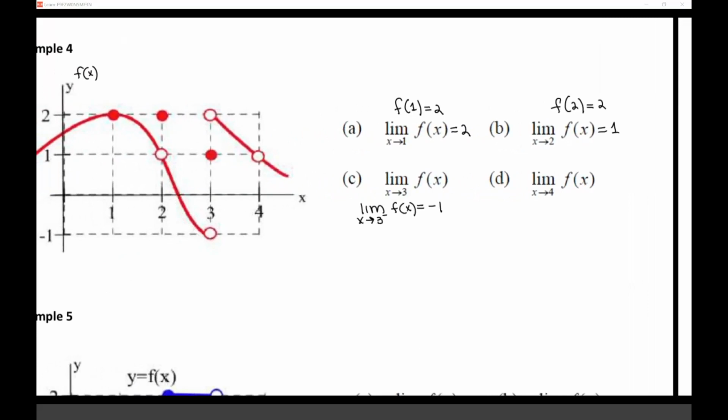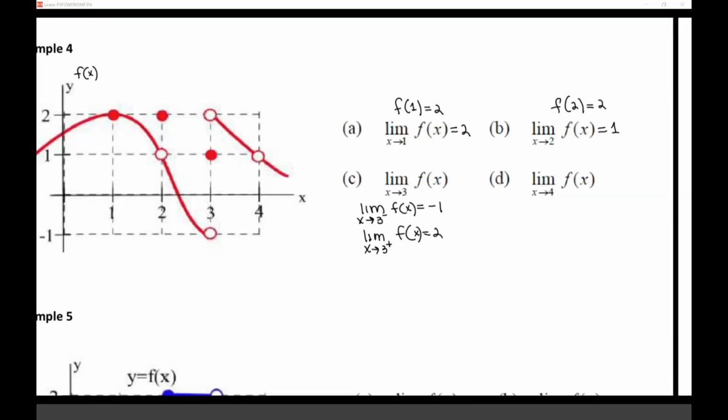That's how I would write that. And how about as I approach x equals 3 from the right? 2. So the limit as x approaches 3 from the plus side, from the right, equals 2. I have two different values.